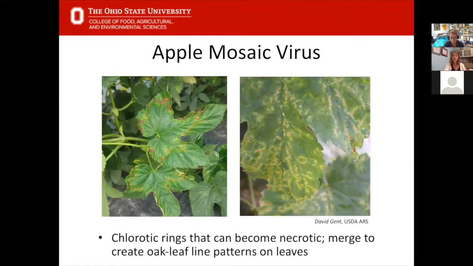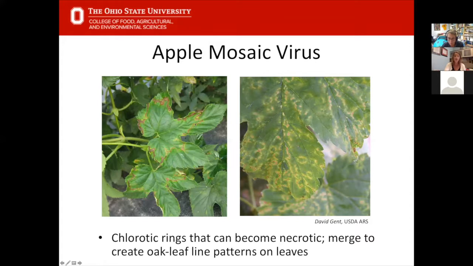So for apple mosaic virus, this is the most destructive virus of the ones that we talked about. With hop latent, American hop latent, and hop mosaic, you don't have as severe symptoms or yield reduction. What I'm showing you here is this oak leaf pattern.